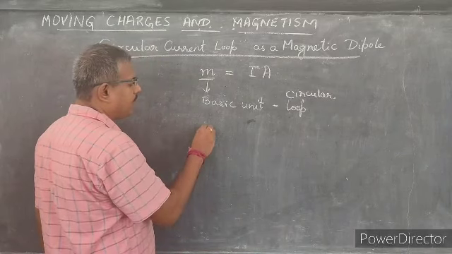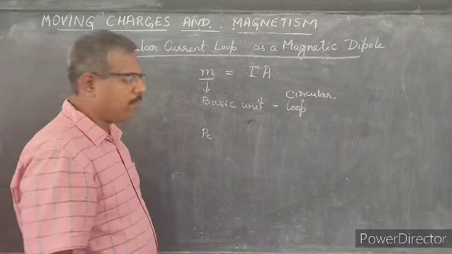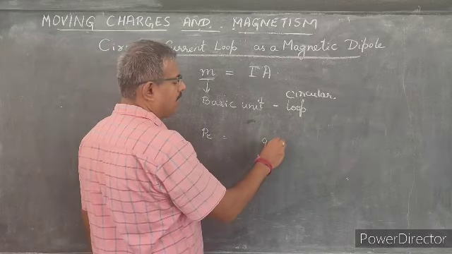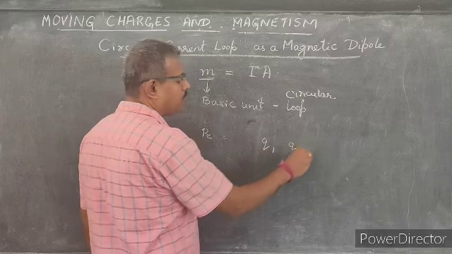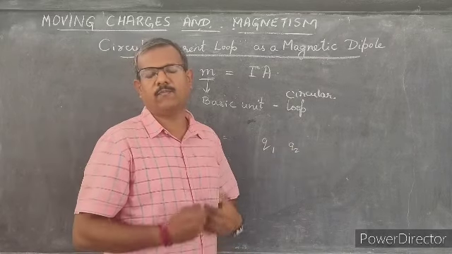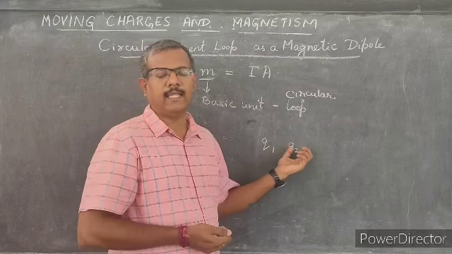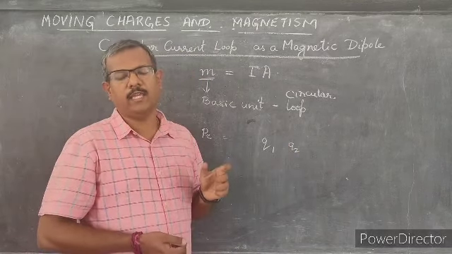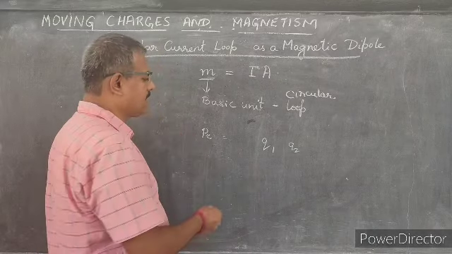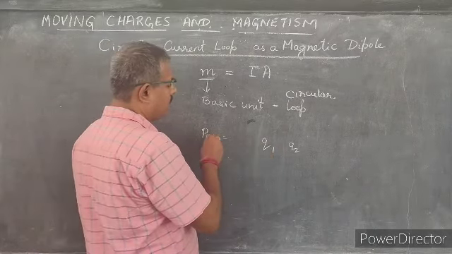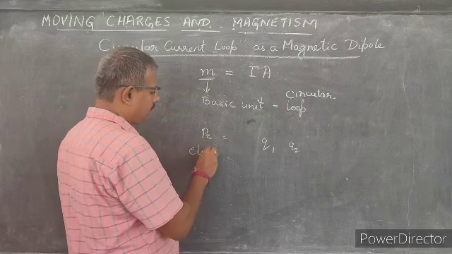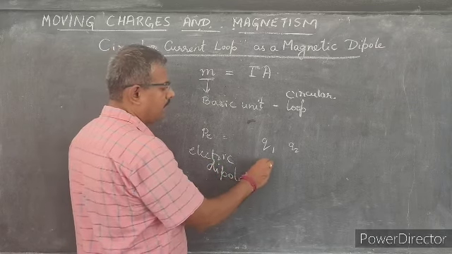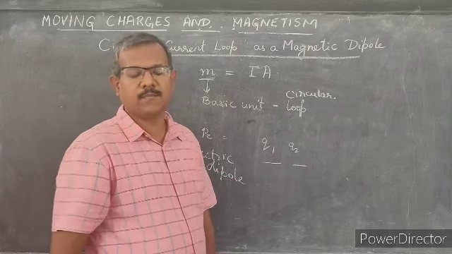Whereas for an electric dipole, if you remember, the electric dipole is actually made up of two charges, Q1 and Q2, which we had started with the assumption that these are two like charges at some distance 2a from each other. So the fundamental units of an electric dipole are the charges themselves.